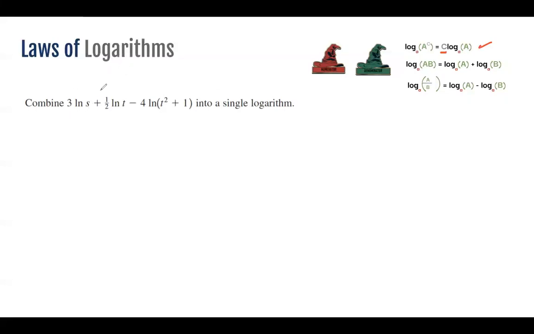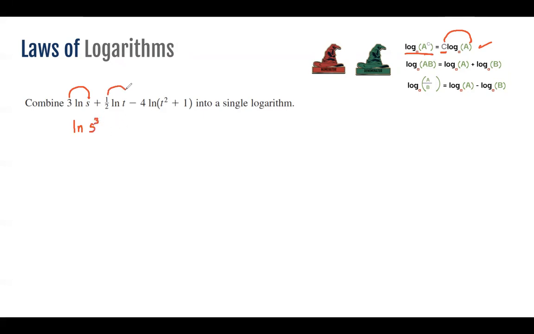So on this one, c would end up inside of the logarithm as the exponent of the a, like we see over here. So if we have 3 times the natural logarithm of s, that 3 can become the exponent of the s. So you can write the natural logarithm of s raised to the power of 3.